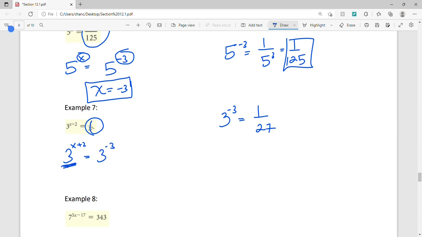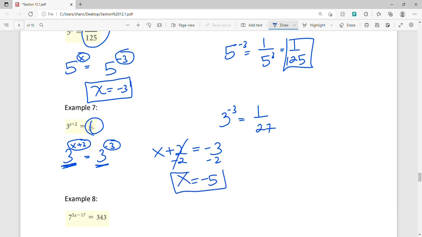Since the bases are the same, we can say that x plus 2 must be equal to negative 3. So that's what we're going to solve. x plus 2 equals negative 3. Subtract 2 from both sides. x must be equal to negative 5. This is our solution. If I'm not certain about that, we can always plug it back into the original, and you will see that it does work.